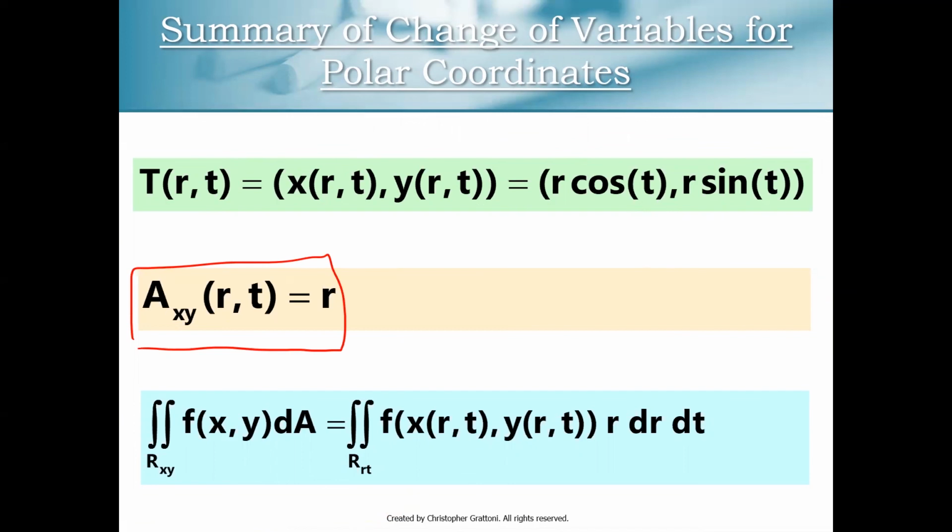That doesn't happen very often. Typically at this point now we just take it as a given that the area conversion factor, the Jacobian determinant for polar coordinates is r, and here's how we can compute our xy integral in RT space for polar coordinates.